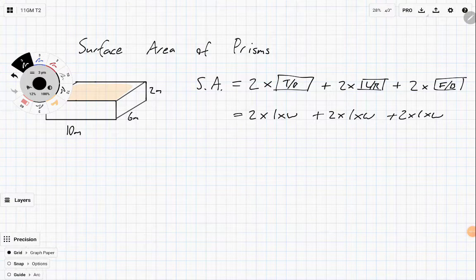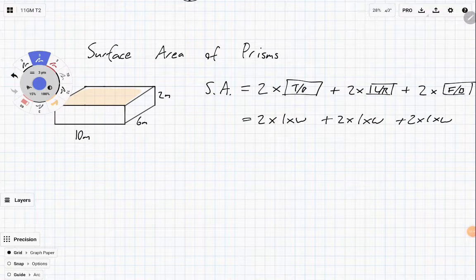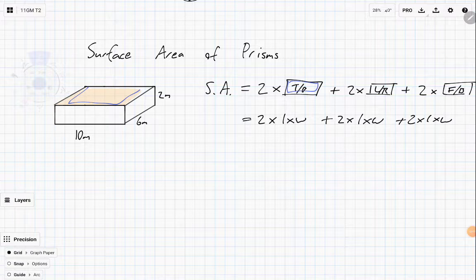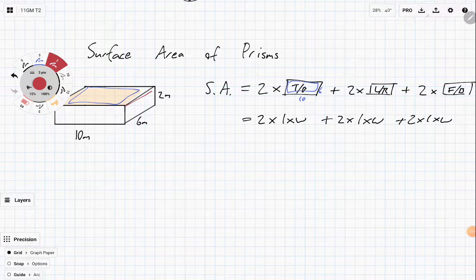And now we just need to check what are the dimensions of each of these shapes. So for the top one, the top bottom shape, well, the dimensions of that one are 10 and 6. Whereas for the left and right one, the dimensions are 6 by 2.